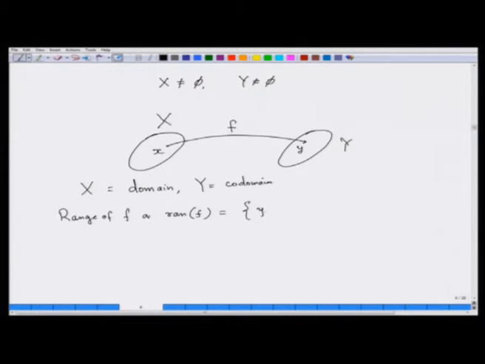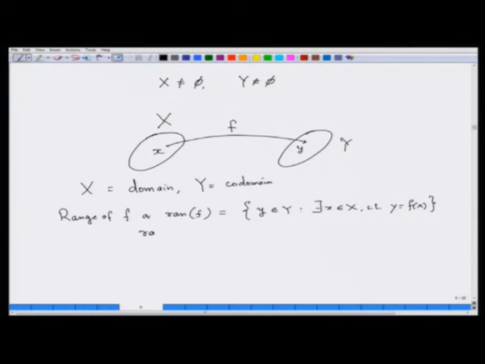So, it consists of all y in this set y for which there would exist an x in x such that y is equal to f x. So, this means that I am trying to say that all elements of y need not be an output corresponding to a given x. That is something very, very important. So, there is a difference between codomain and range.